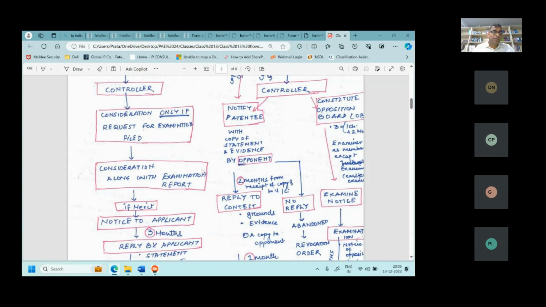What will happen if request for examination is not filed? So it will not be examined and it will be deemed abandoned by the registrar. Okay, now this is correct. The application will be deemed abandoned or withdrawn. Withdrawn.